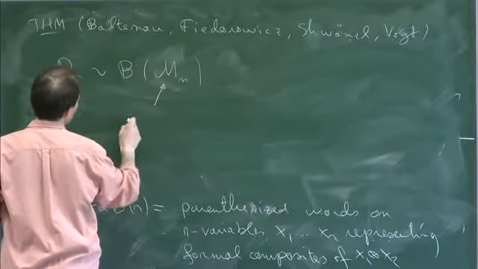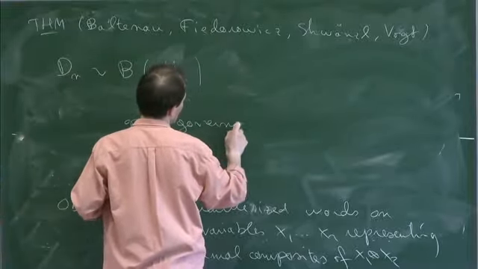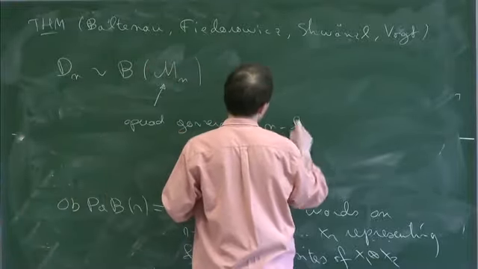So this is the operad governing n-fold monoidal categories.